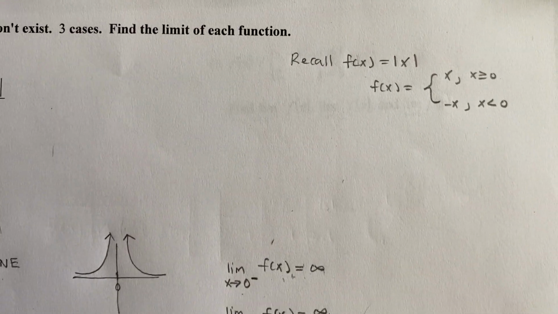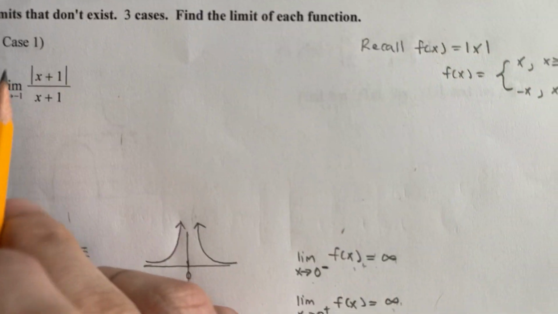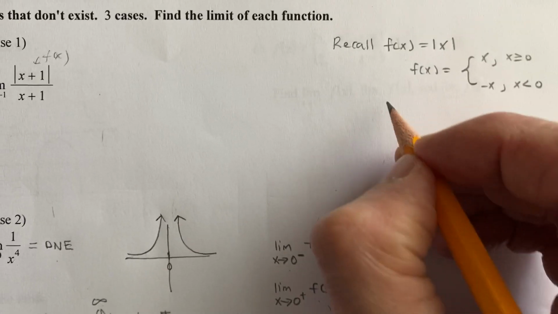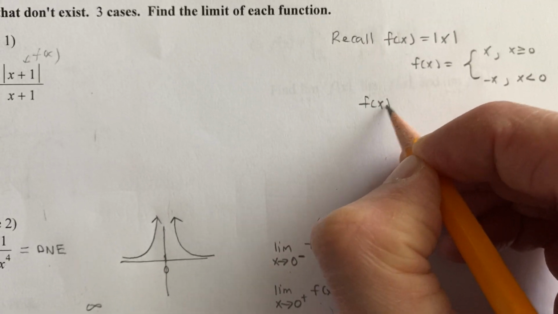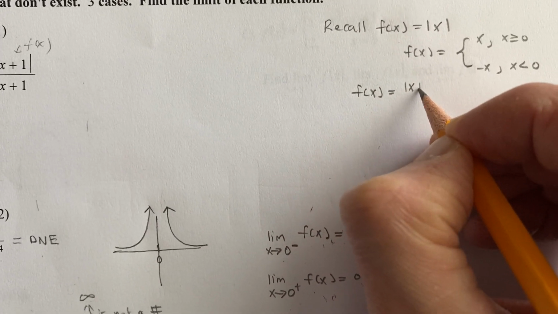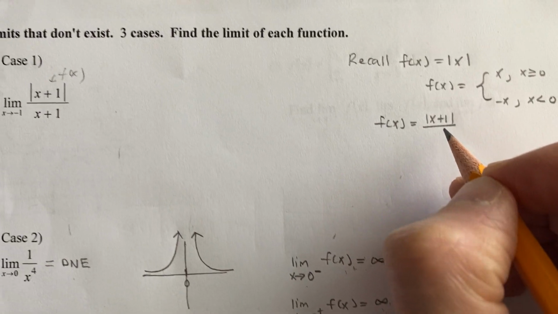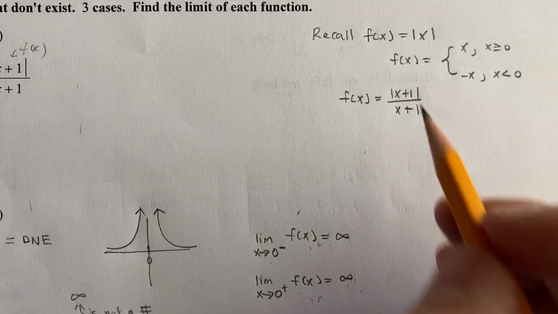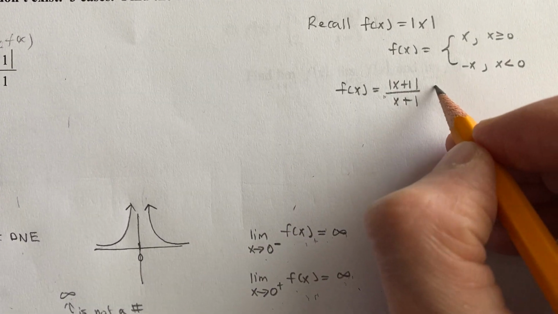And so if we look at our function right here, this is our f of x, f of x is equal to the absolute value of x plus 1 over x plus 1. Okay, so right now I'm going to rewrite this as a piecewise.